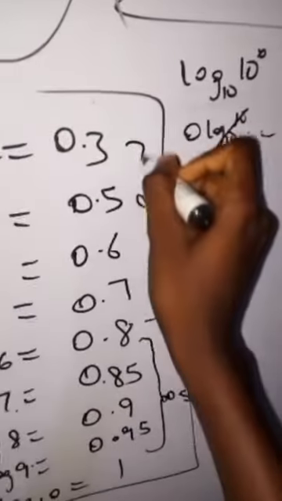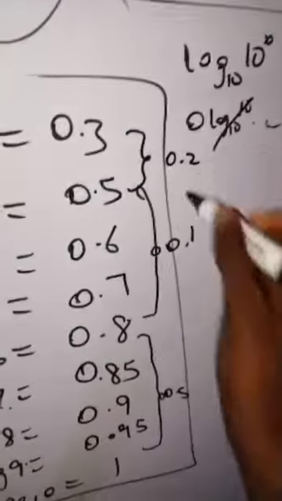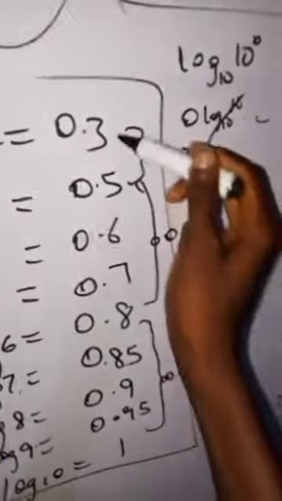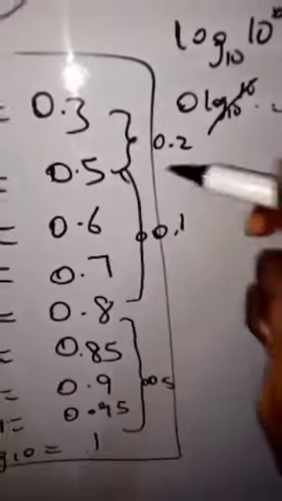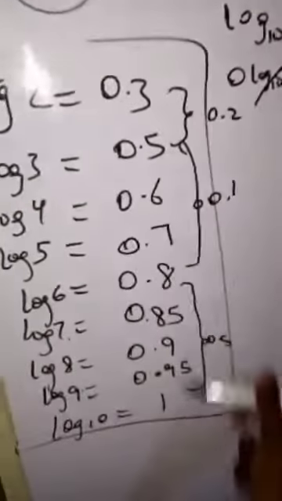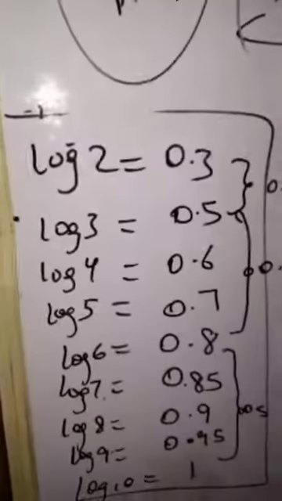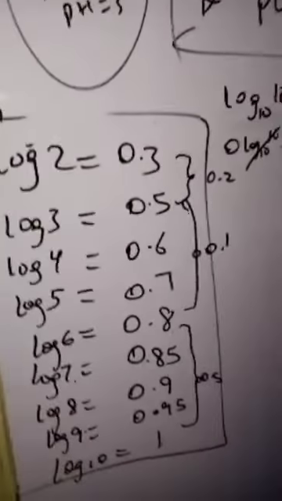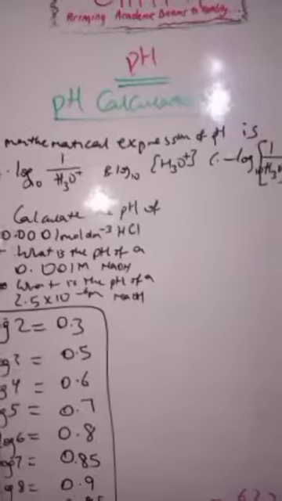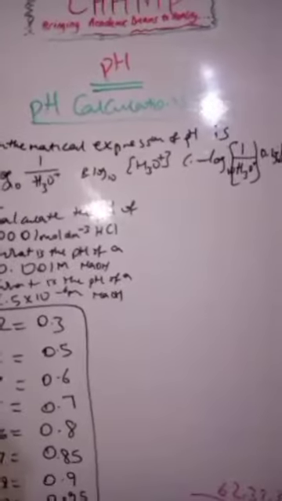But from this place to this place, they are increasing by 0.2. Can you see this one? The first two, the difference between them is 0.2. Then the next three is 0.1. Then the last 4, 1, 2, 3, 4, up to this point, 0.5. So it's very simple. 0.3, 0. So with this, you should be able to solve any question, as you'll see now. So just follow on. Oh yes, so we have our first set of questions.